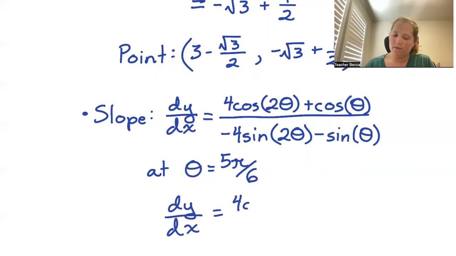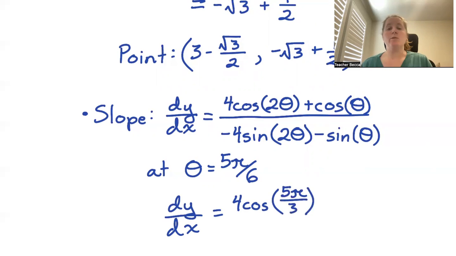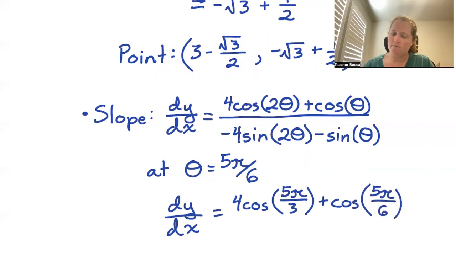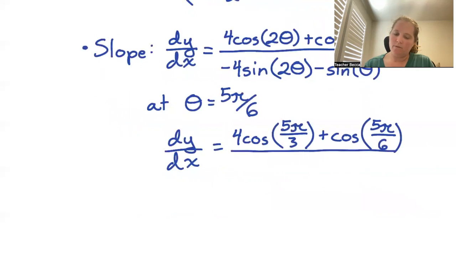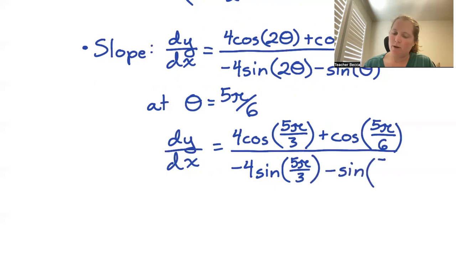is 4 cosine of 5 pi over 3. 2 times 5 pi over 6 is 5 pi over 3, plus cosine of 5 pi over 6. And then that's all over negative 4 times sine of 5 pi over 3 minus sine of 5 pi over 6.